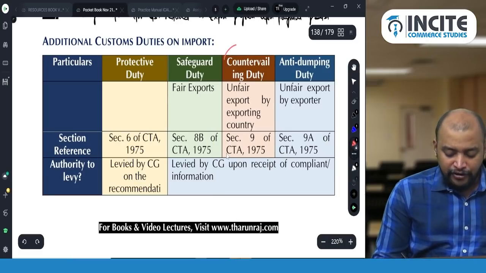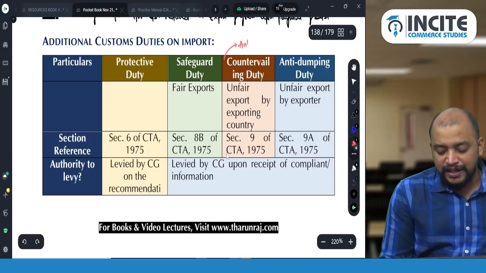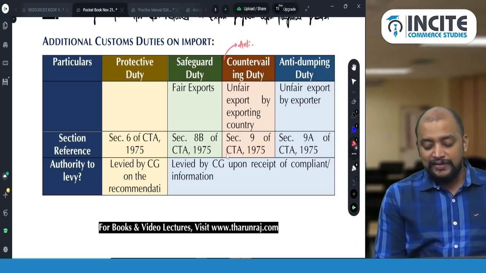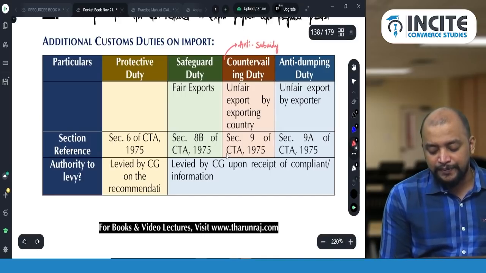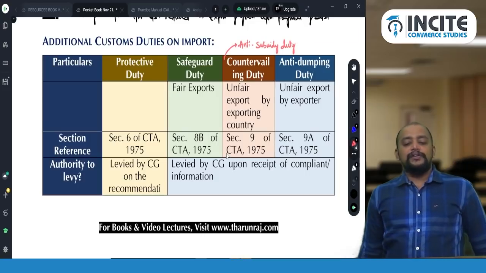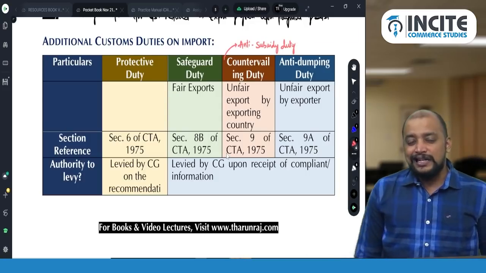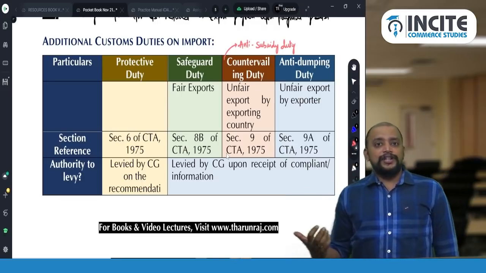The other name for countervailing duty is anti-subsidy duty. I have not created it, it is given in your study material itself. So countervailing duty you can also remember as ASD, anti-subsidy duty. These are the 4 additional customs duties that we have.